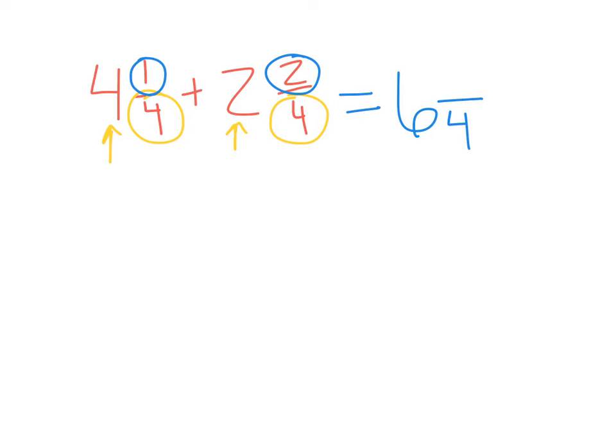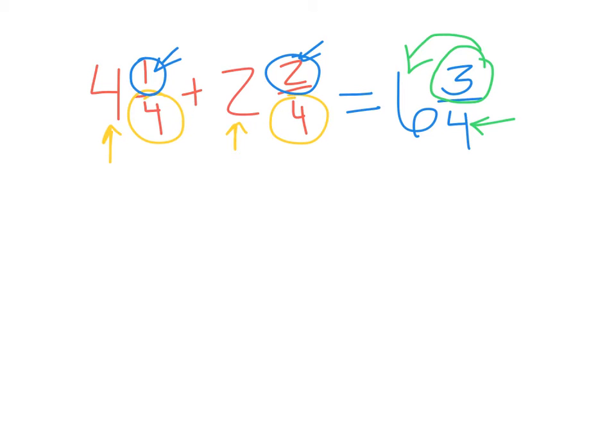I already know what my denominator is, so I can write that in there. What's my denominator? Look up here again. 4. So now I just add the numerators. What is 1 plus 2, Ariana? 3. So this is one method. You can add the coefficients first and then the numerators. There's one catch to this. Make sure you understand this. If this numerator is larger than the denominator, then I have to carry 1 to the big coefficient.